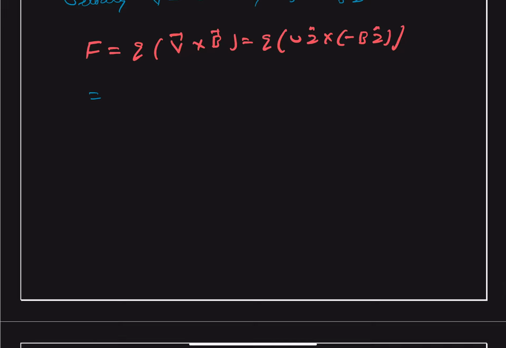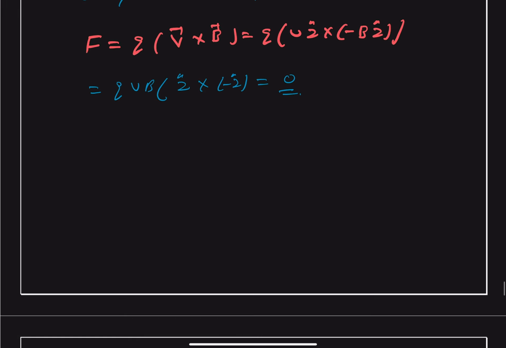This comes as QVB times z unit vector cross z unit vector, that will be equal to 0. So the net force will be equal to 0.